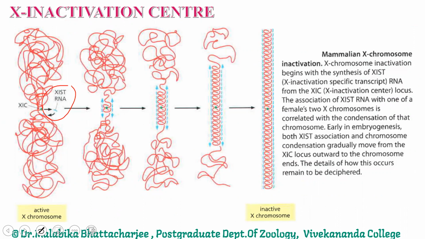This RNA brings about the heterochromatinization of the X chromosome from which it is produced. What was seen is that once this RNA is produced, it starts coating the X chromosome from the center, spreading out in both directions, heterochromatinizing the X chromosome as it spreads.